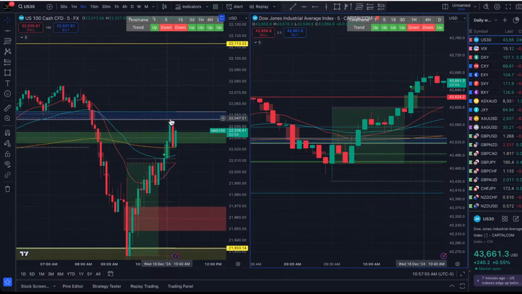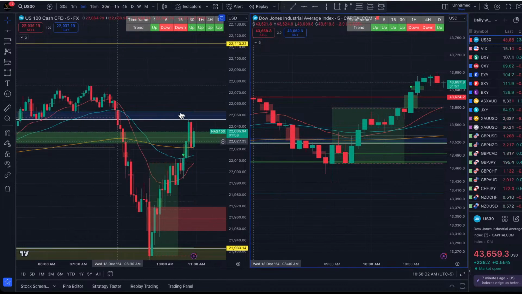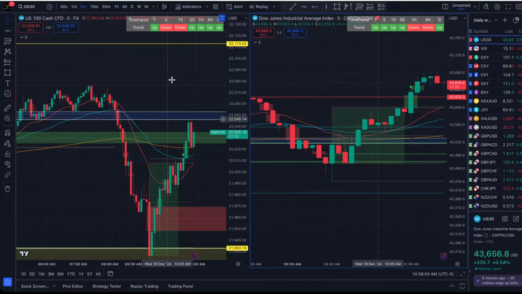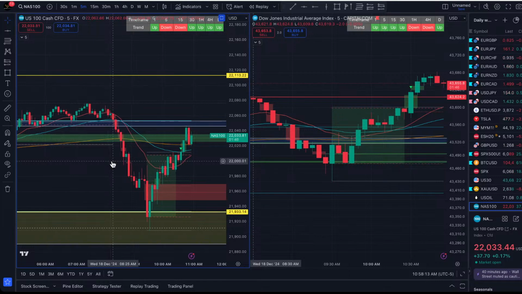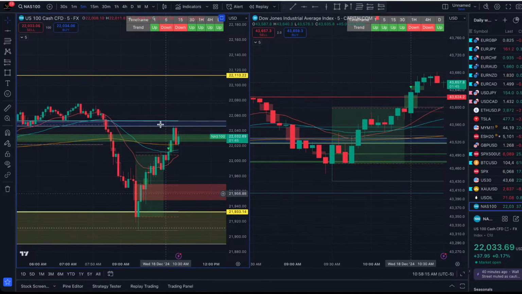You don't enter on taps. You enter on proper confluence, two candle rejection, wick, on the right side of the trade, upside expansion model, match up all of it. We have a lot of confluence here, but we're not above the blue zone.